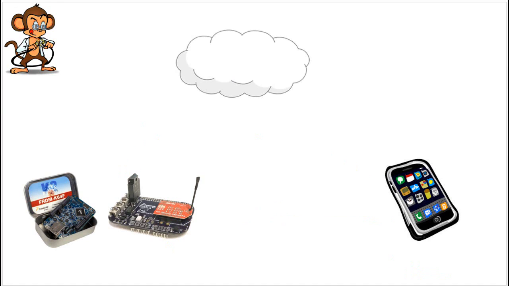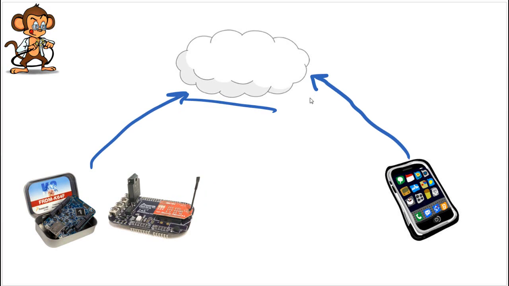So we have our happy cloud here. This is our typical internet cloud. The K64F can have a connection to the cloud, and so can the smartphone device. But we still have to think about how we link those two up.